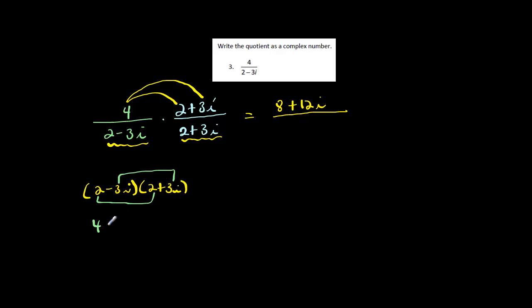Negative times a positive is a negative. 3i times 3i is 9i squared. And remember, i squared is negative 1. So 4 minus 9 times negative 1. Negative 9 times negative 1 is 9. 4 plus 9 is 13. So our denominator is going to be 13. And there's our answer right here.